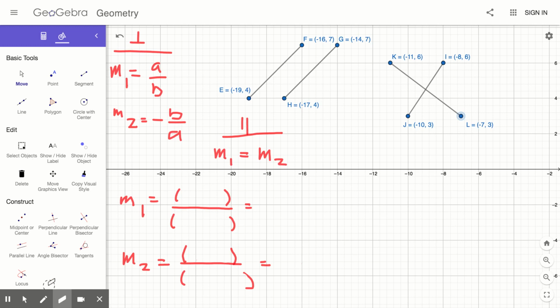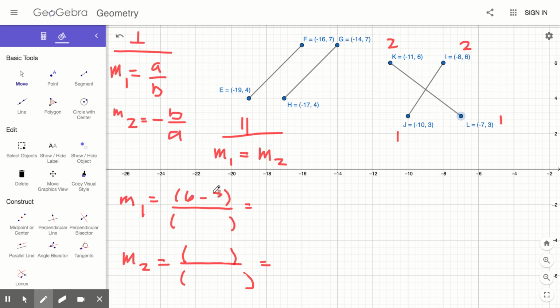All right. So now let's find out if lines KL and IJ are perpendicular, right? So this is going to be our 1. This is going to be our 2. This is going to be our 1. This is going to be our 2, right? So JI, 6 minus 3, right?